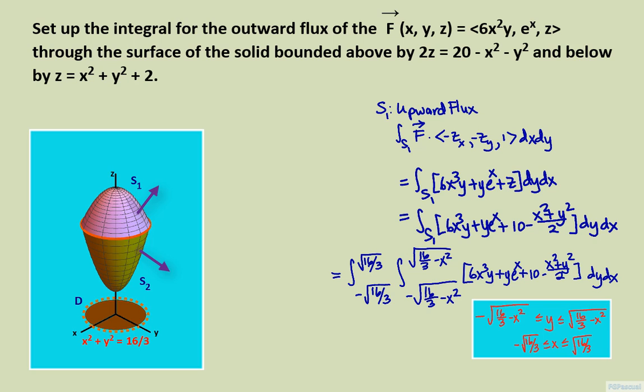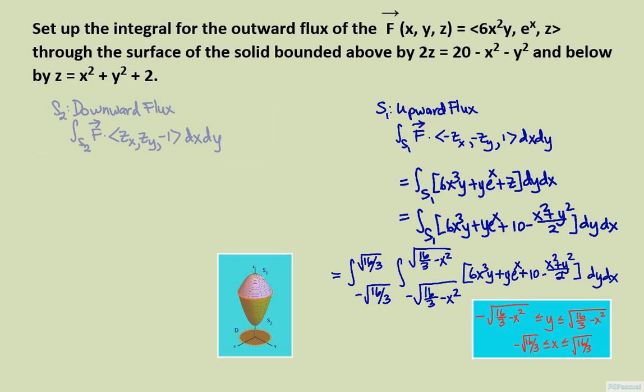So let us now take care of the downward flux through the surface S sub 2. Taking care of this normal vector to S sub 2, we use the equation of S sub 2 to determine the partial derivatives of z with respect to x and with respect to y.